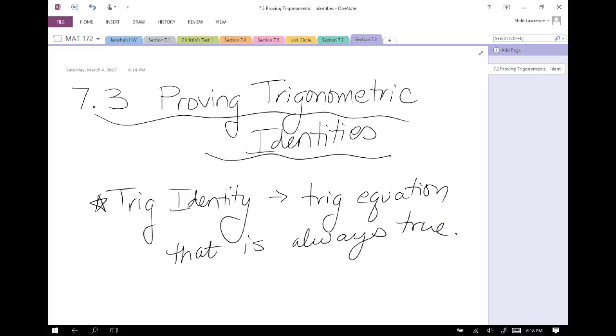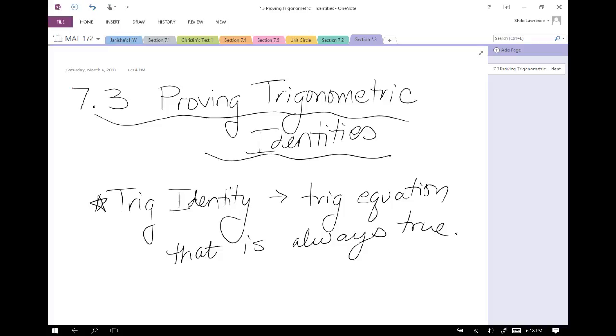So in section 7.1 and 7.2, we looked at some very common ones that we can group into categories such as Pythagorean identities, sum and difference identities, double angle identities, half angle identities.